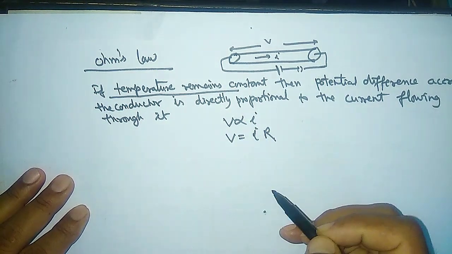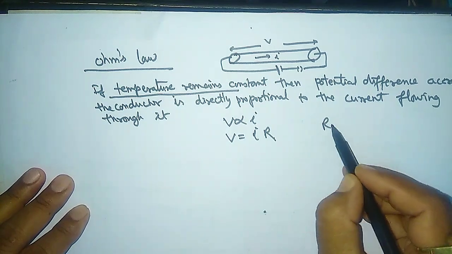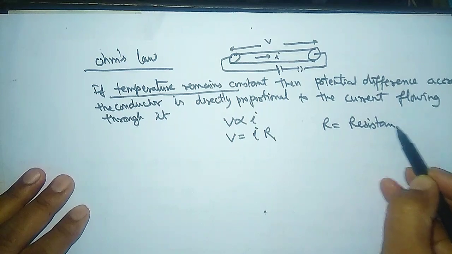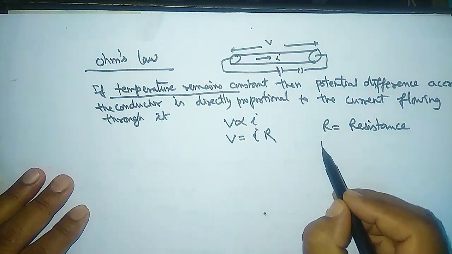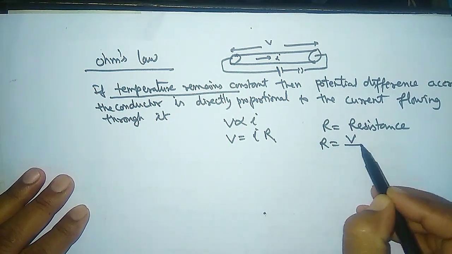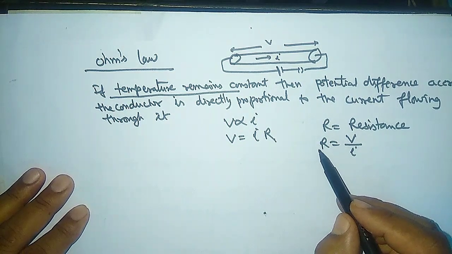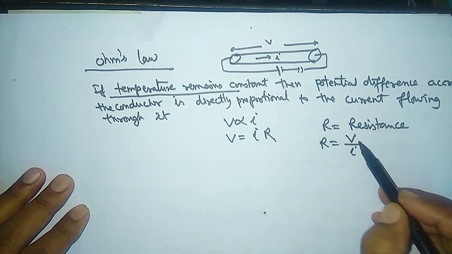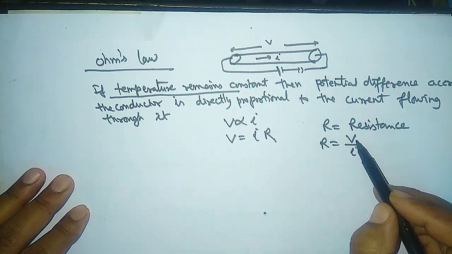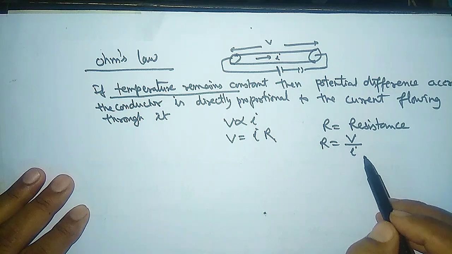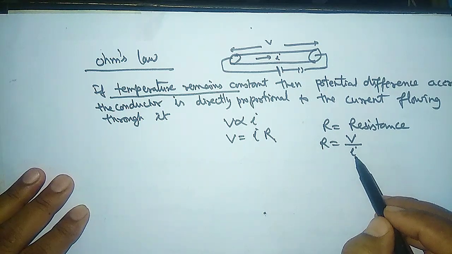R is a proportionality constant which is known as the electrical resistance, or simply we say resistance. So resistance is the ratio of V and I. Resistance is the ratio of the voltage or the potential difference across the conductor to the amount of current flowing through the conductor, V upon I.